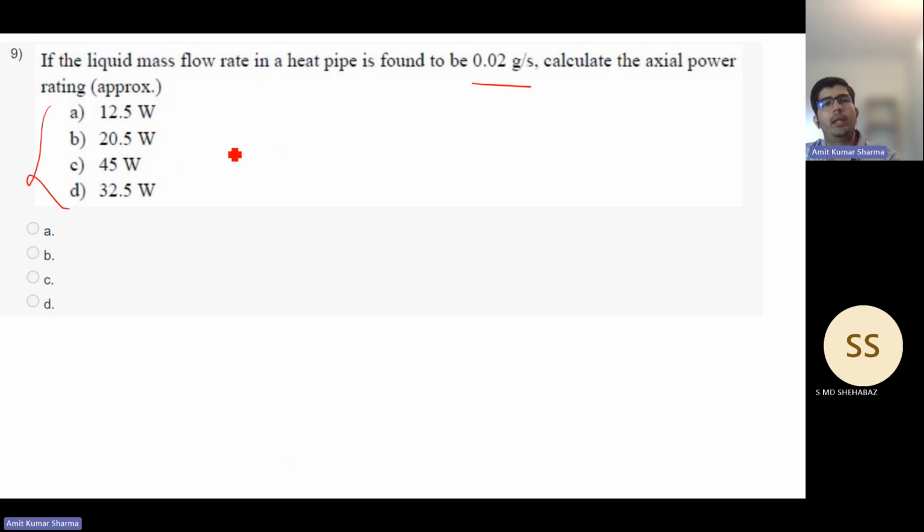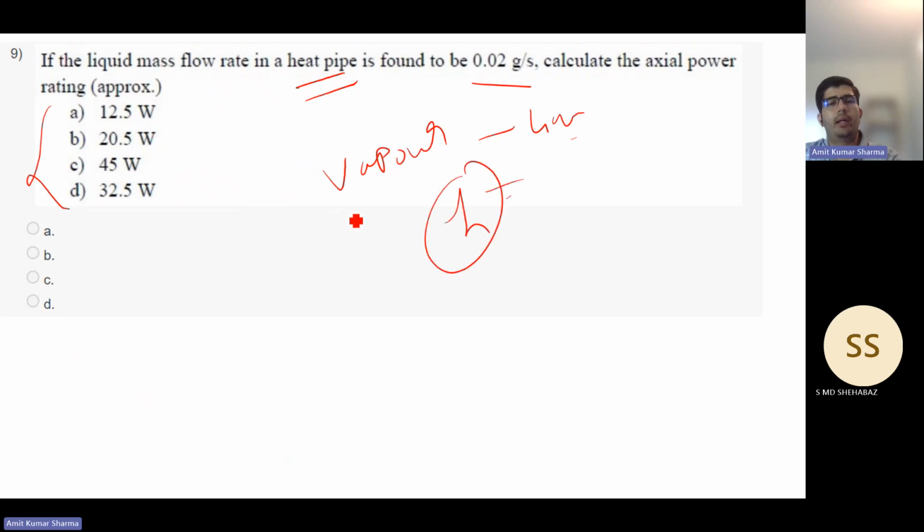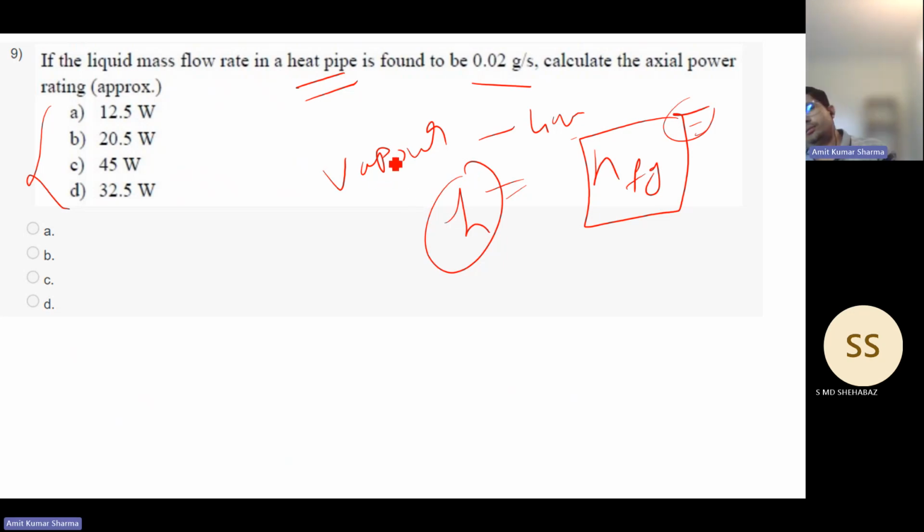We are talking about heat pipe, and in a heat pipe, you know that there are vapor and liquid both. You have to use enthalpy, and which enthalpy you have to use? I think it's HFG. So try to find the HFG of the liquid and let me know the answer.